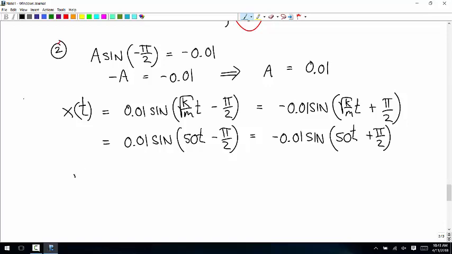So from this, the natural frequency is equal to 50. And what are the units? We know that what's inside the sine has to be units of radians. We're going to multiply it by seconds. So this is in units of radians per second, or 1 over seconds.